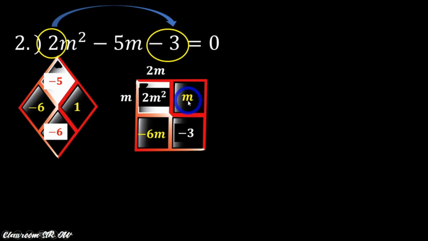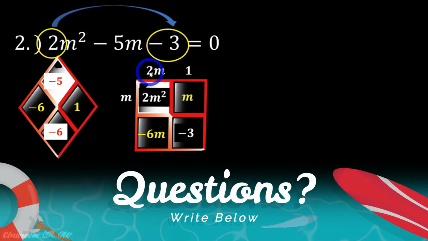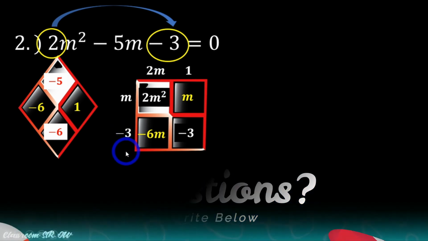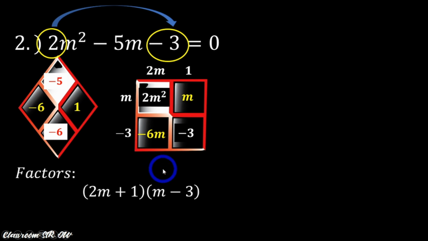So next we divide m by m. So m divided by m is, of course, 1. And after that, we will divide negative 6m by 2m. That would give us negative 3. So the factors are 2m plus 1 and m minus 3.